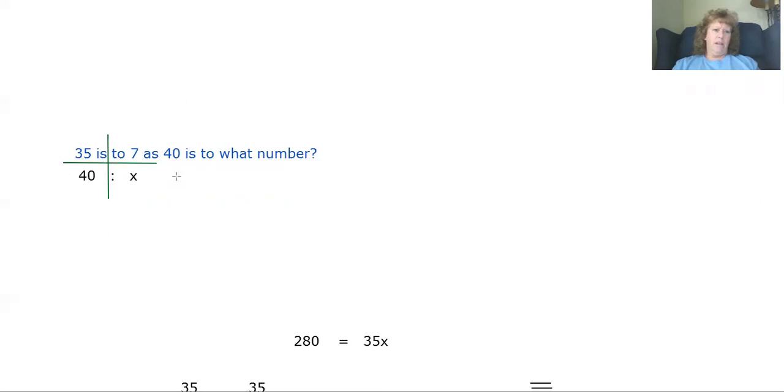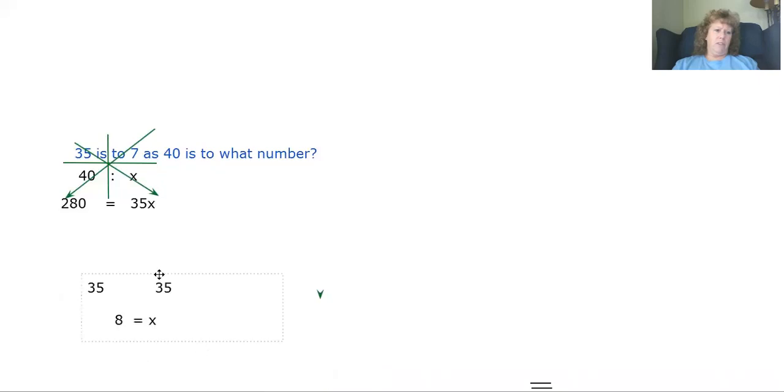And if I multiply 7 times 40, I will get 280. And 35 times x will be 35x. Then if we divide by 35 on both sides, x will be equal to 8.